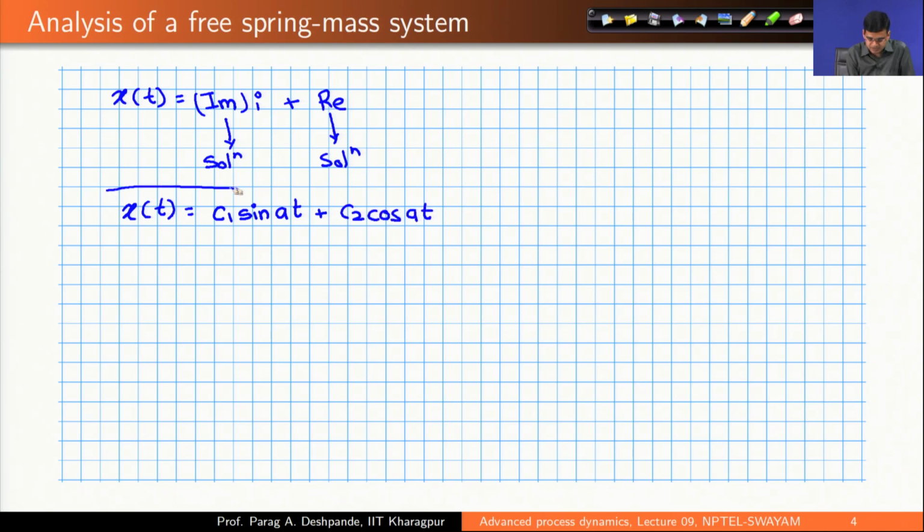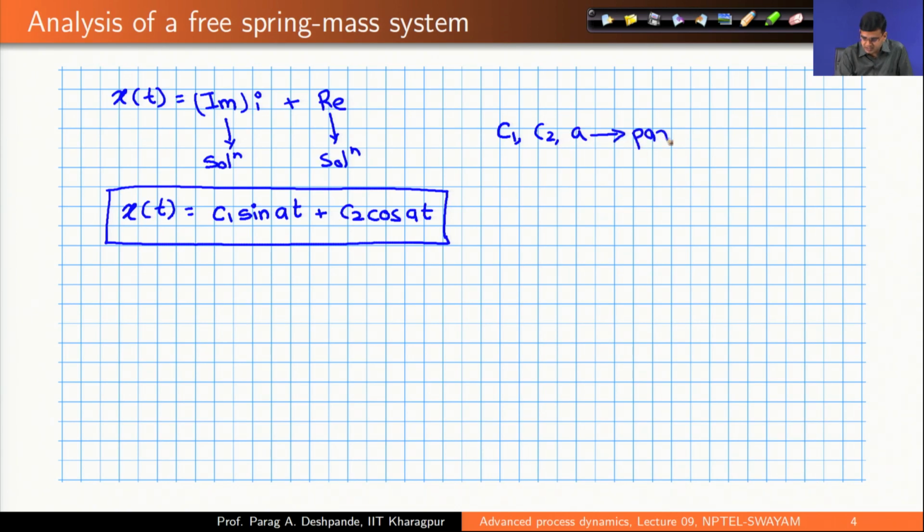This will be the solution of your dynamical system. Now, C 1, C 2 and A would be expressed in terms of the parameters of the system.